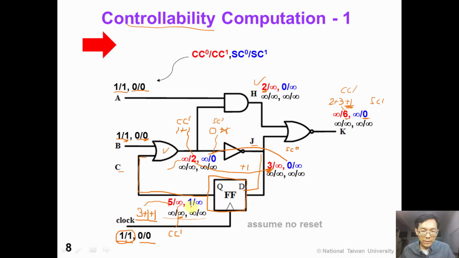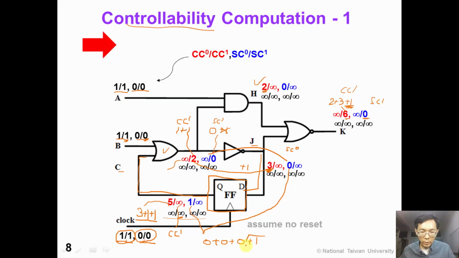For the SC0, we can compute the value using the SC0 of input D, which is 0, plus the SC values of clock, which are both 0.